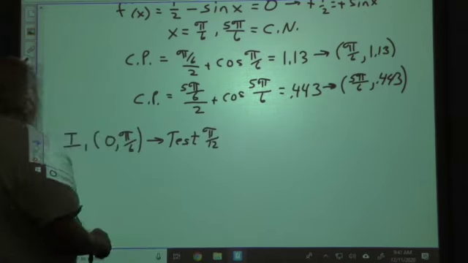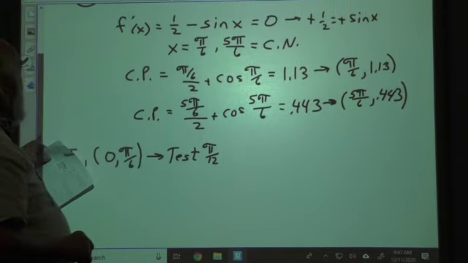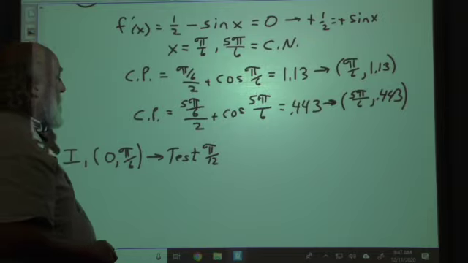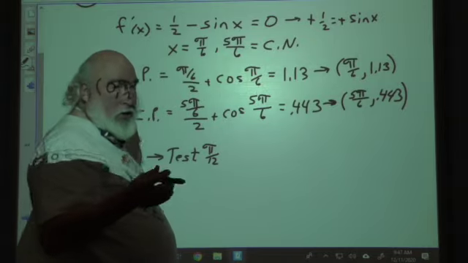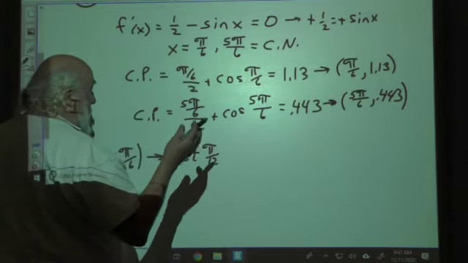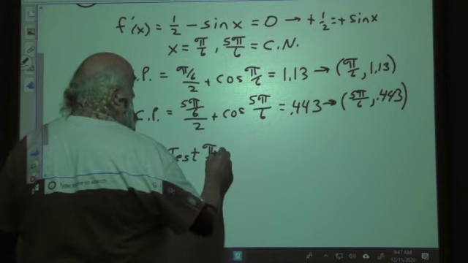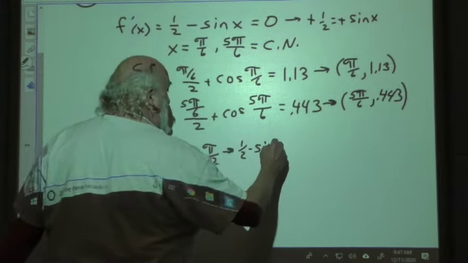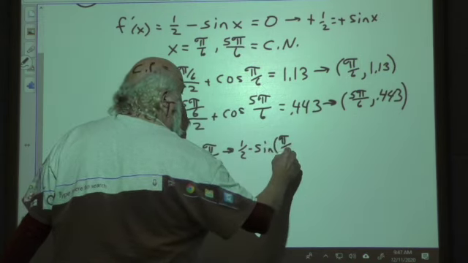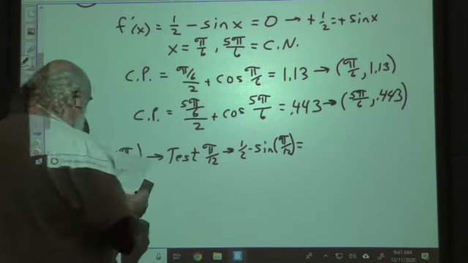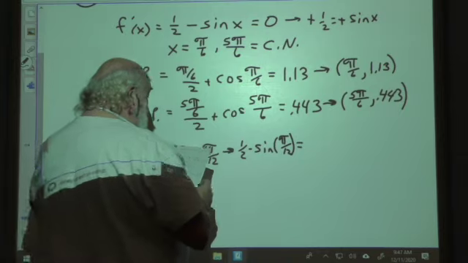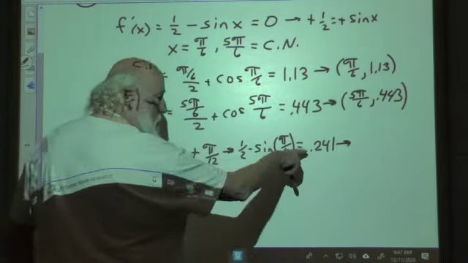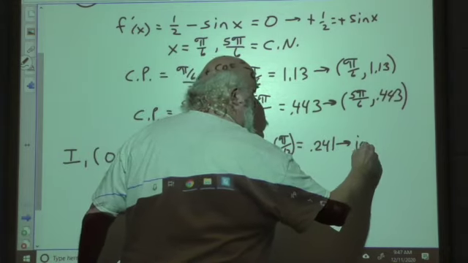Then plug that in for f prime of x, because the derivative will tell you if it's positive or negative, if it's increasing or decreasing. So 1/2 minus the sine of pi over 12 equals 0.241. That's positive, which means this is increasing.